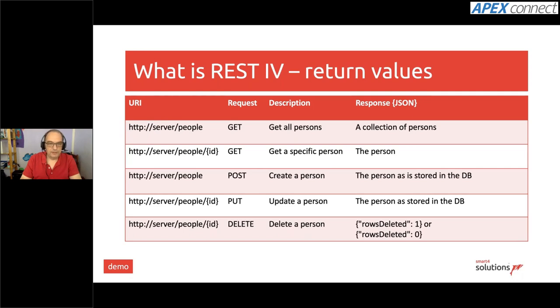So the URL for the first get and the post are the same. If I want to update the person, I use the put or the patch, and I get the person as stored in the database. And in delete, of course, I also have to specify the specific person I need to delete.